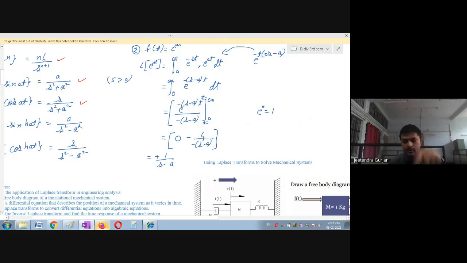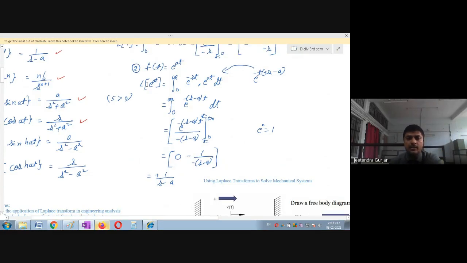So therefore this is 1 divided by minus bracket s minus a, which is a constant, so I will write it as it is. Further, if you simplify, minus into minus will become plus 1 upon s minus a, meaning Laplace transform of e raised to at is going to become 1 divided by s minus a. This is proved.